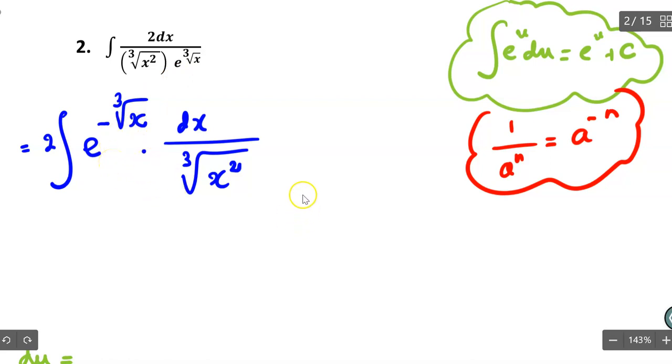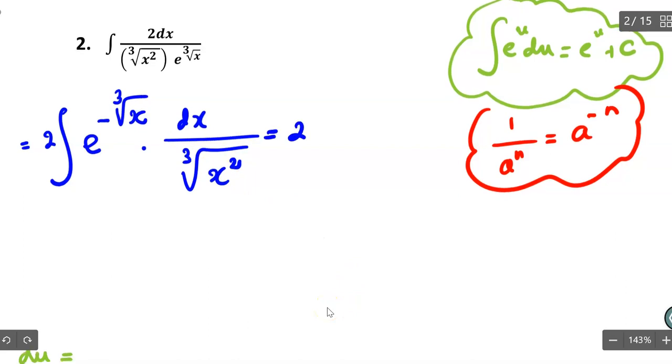Now because I'm going to apply this formula, I will let u equal to this exponent. Before we do that, we are going to convert this radical to an exponent. So this could be 2e to the negative of x raised to exponent 1/3.